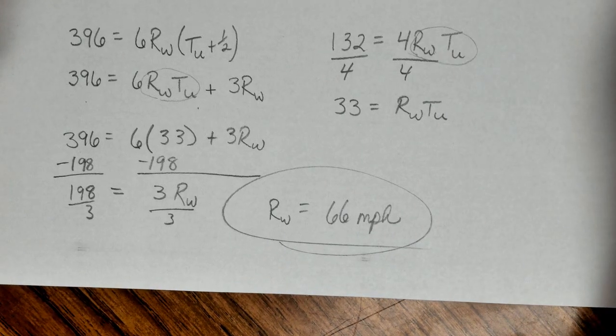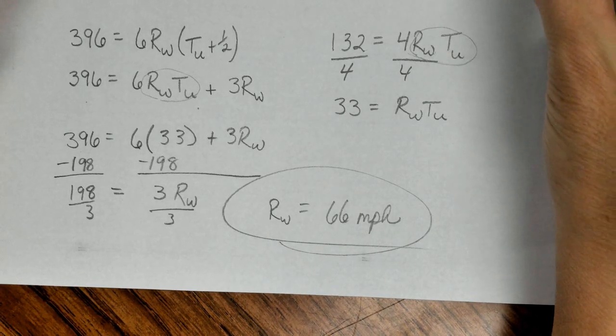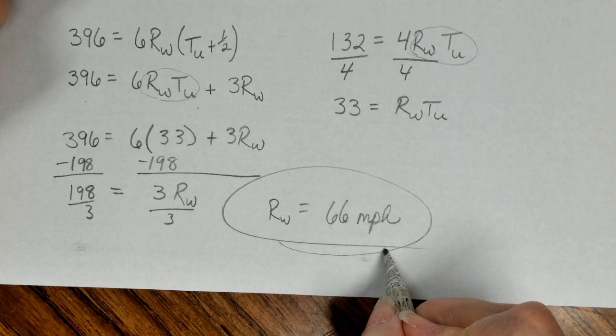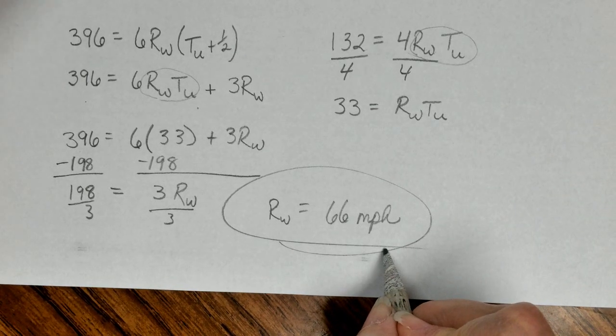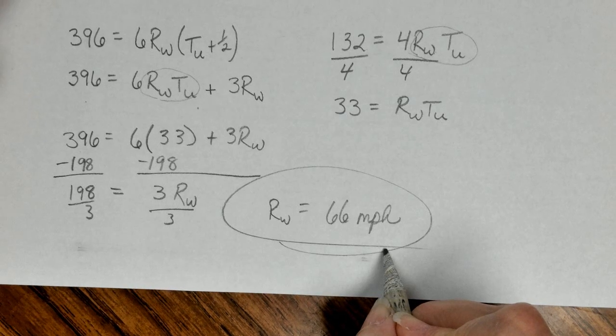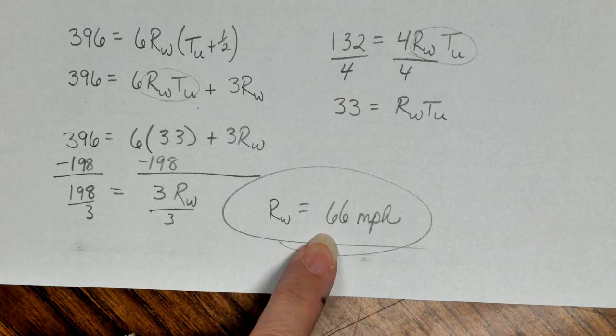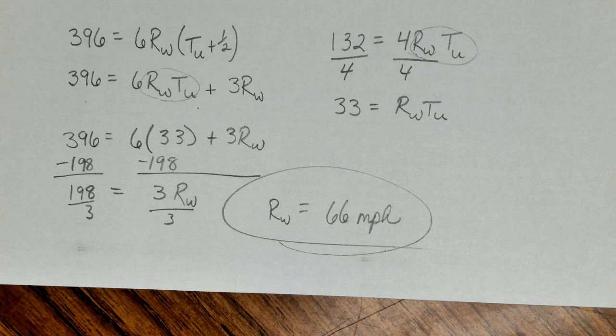Read this again. Oh wait, what was the speed of her plane in still air and what was the speed of the wind? So this is part of it. Now I still need her still air rate. Well, that was just 5 times the speed of the wind, so we take 5 times this. 66 times 5 is 330.